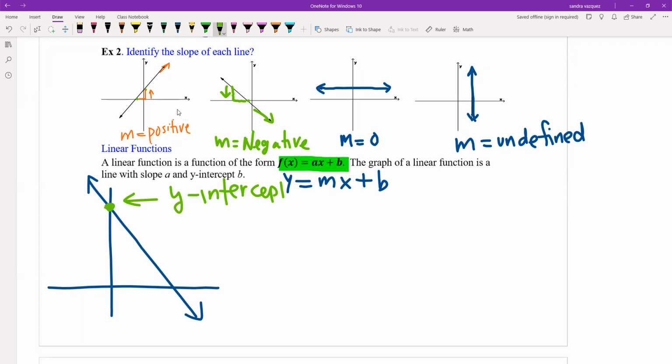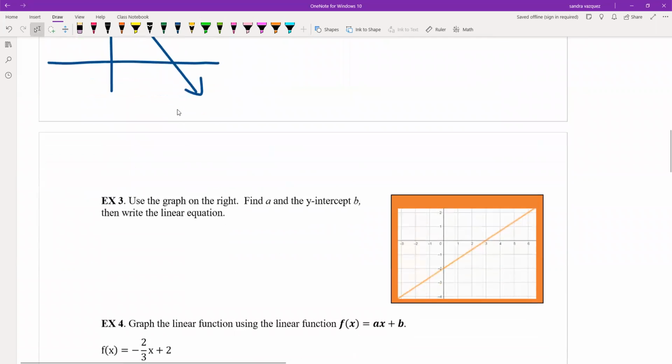And this y-intercept is the ordered pair (0, b). This b that you see here is the b in your formula, so it's always (0, b). That's all I need to know from here.